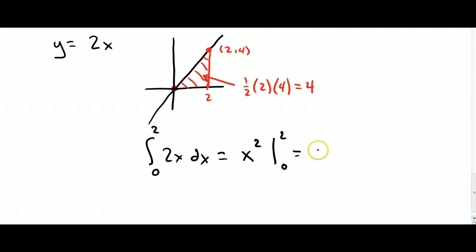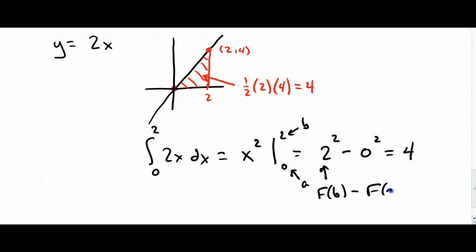And so our capital F of b is going to be 2 squared minus our capital F of a, 0 squared, which sure enough is 4. Now we'll work through a number of other examples to show how this works and what happens if the area that's in question is below the x-axis and how that plays in. But this is just a little idea of how the fundamental theorem of calculus works.